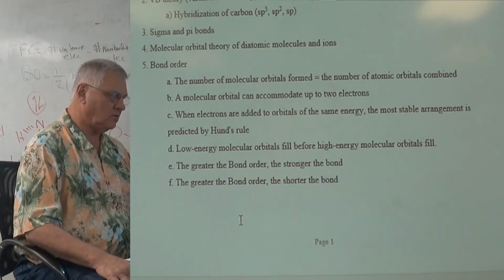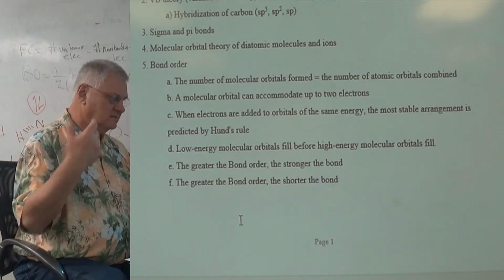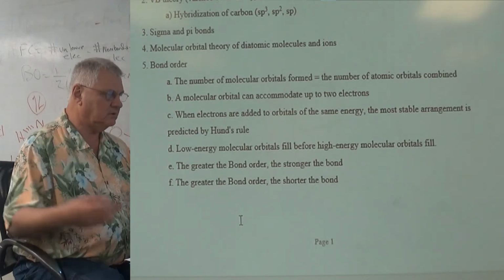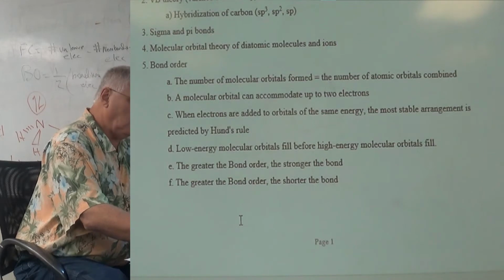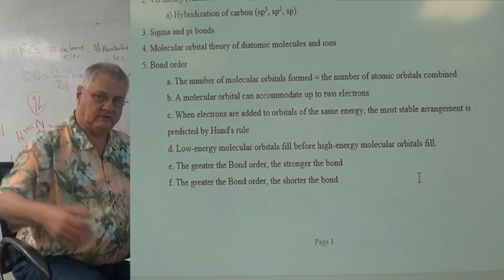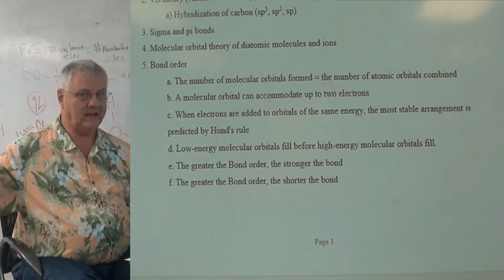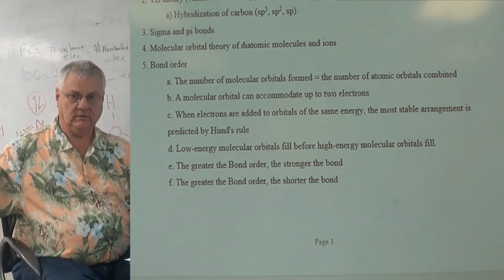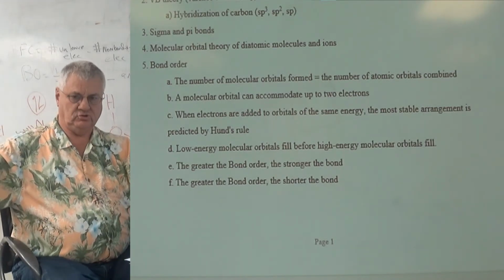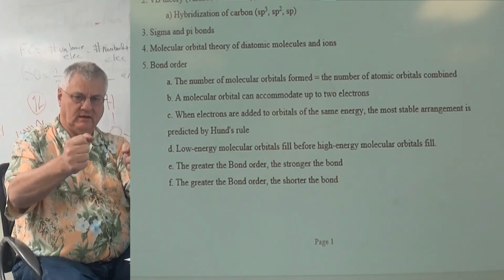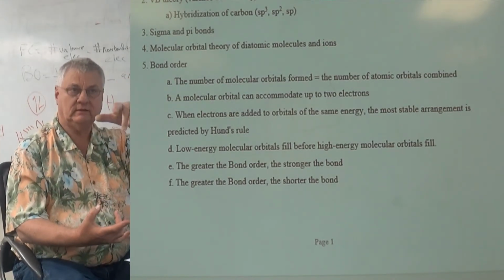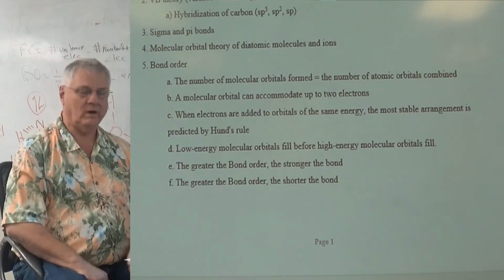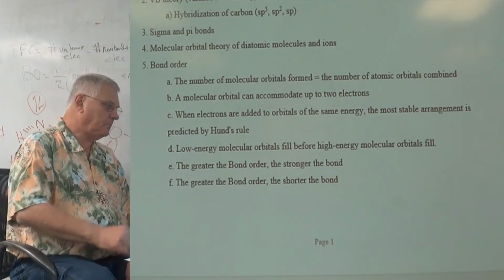The number of molecular orbitals is the same as the number of atomic orbitals from each atom combined. Like 2 hydrogen atoms, each has only 1 electron in 1 orbital, so you bring these 2 1s orbitals together and you end up with 2 molecular orbitals. One's bonding and one's anti-bonding. 1s sigma. Okay?